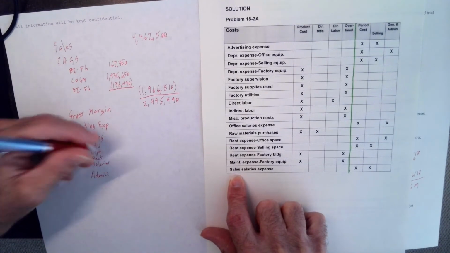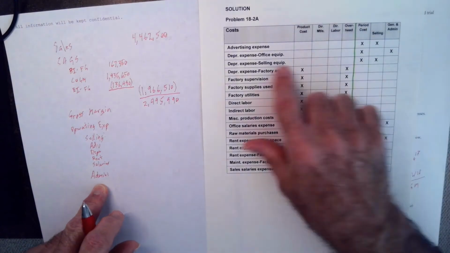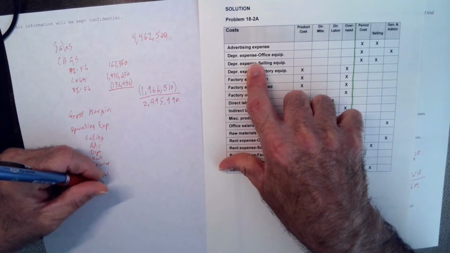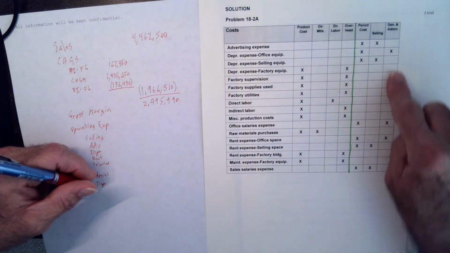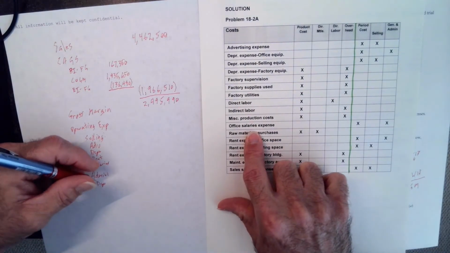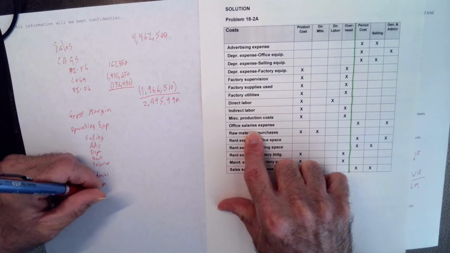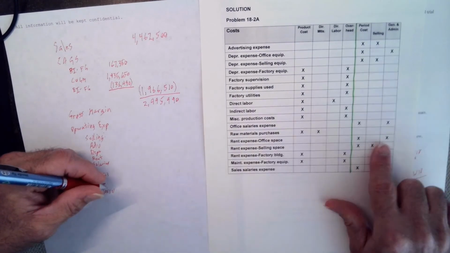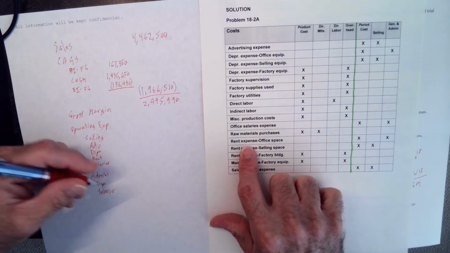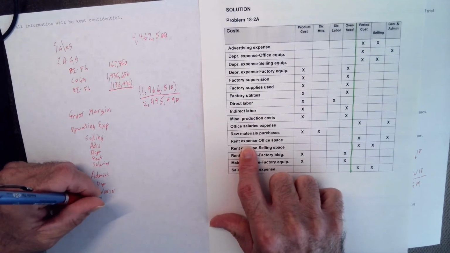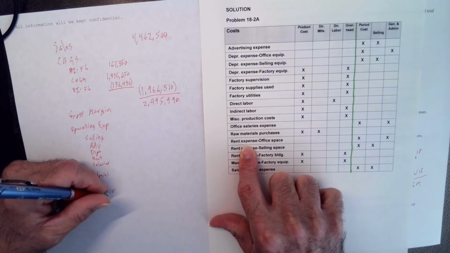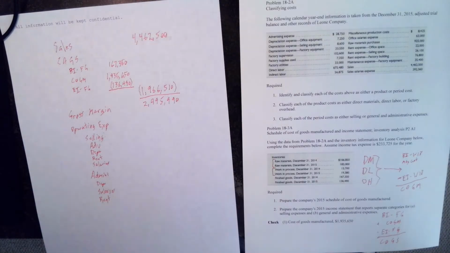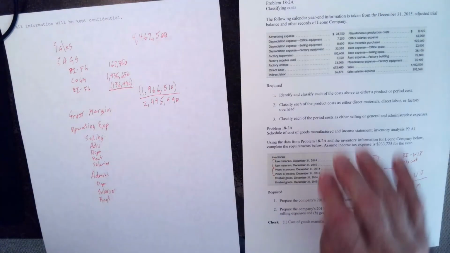Okay, administration, I have depreciation, I have office salaries, and I have rent expense, and it's just a matter of finding them in this blurb up here.